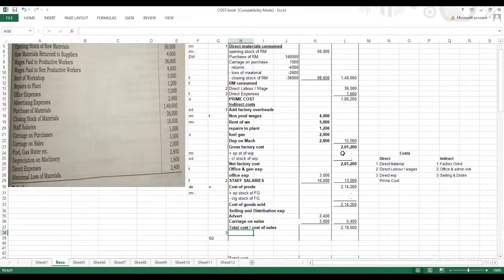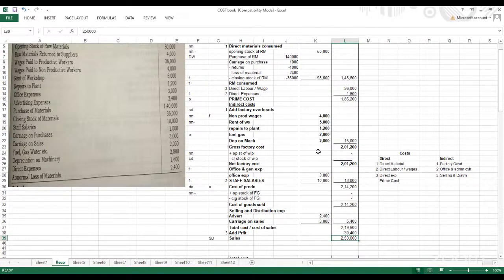In case you are given a sales figure, then we write add profit and below that we write sales. If you are given sales, it may be 2,50,000, or some other figure will be there. Then the difference will be your profit. This is how a cost sheet is prepared.